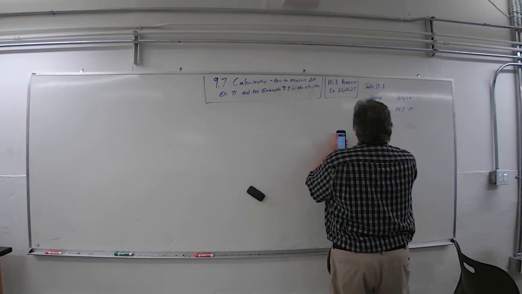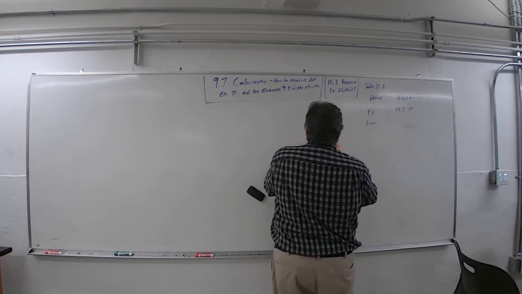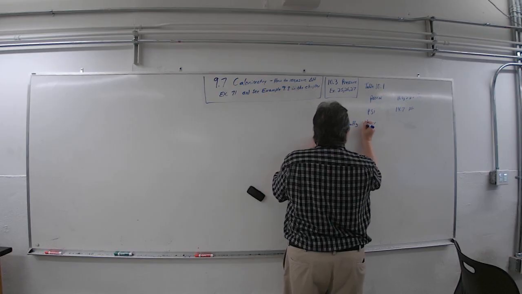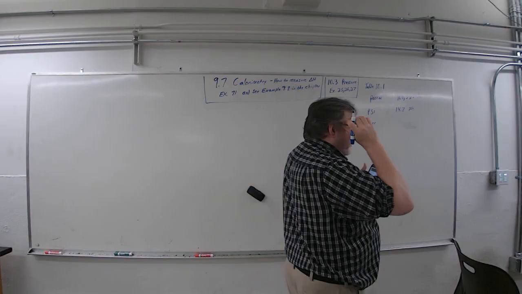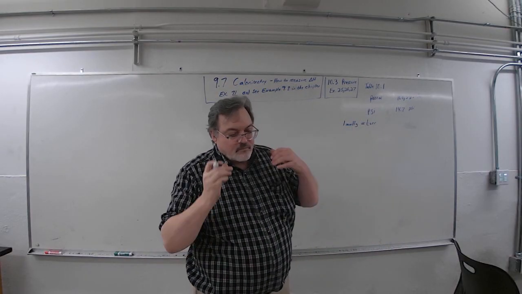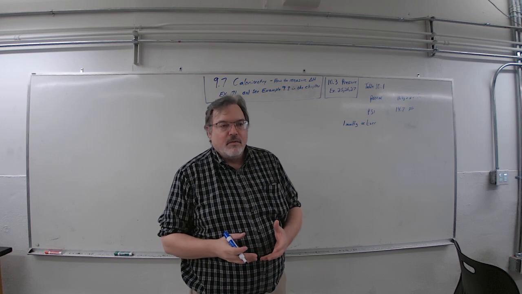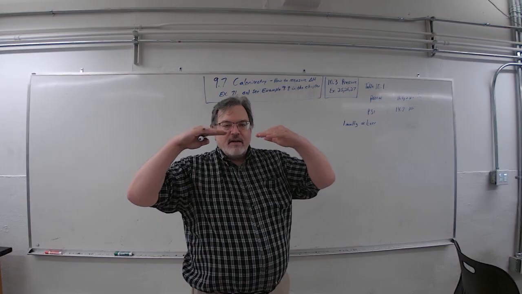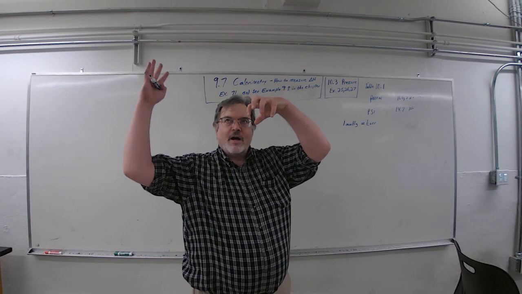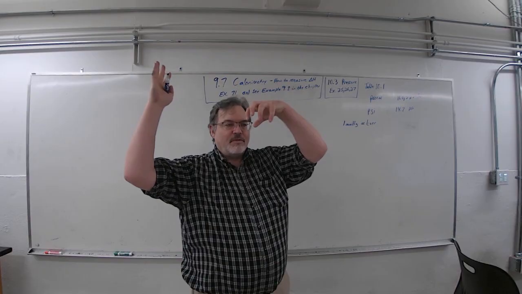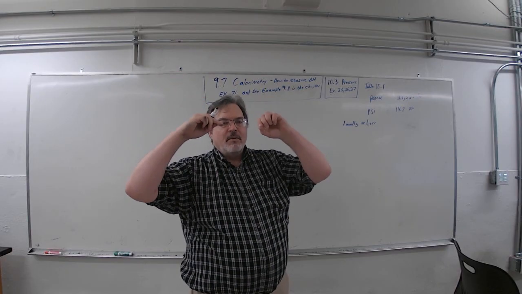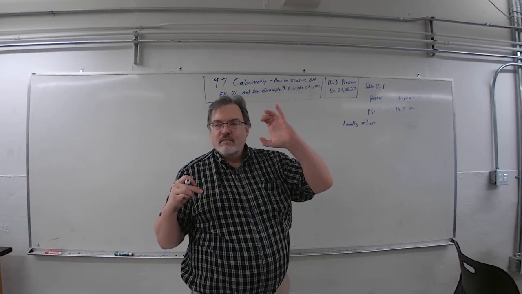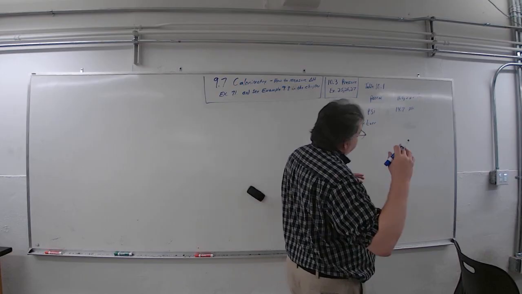PSI. There's something called torr, but it's the same thing as 1 millimeter of mercury is defined as a torr. I'm not going to go into all of these, but you've heard of mercury, it's a metal, it's a liquid at room temperature. If you put it in a U-shaped tube and the levels are even, and then you seal this in and you apply some pressure, like just with the atmosphere or whatever, it will push it down a little bit, and this side will go up a little bit, and you could measure those millimeters, and it's a standard way to measure pressure.